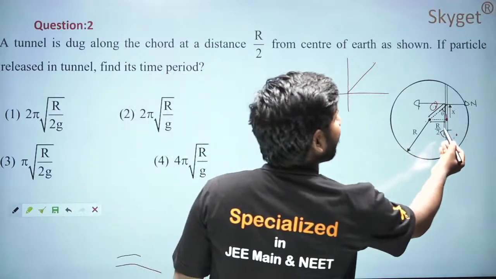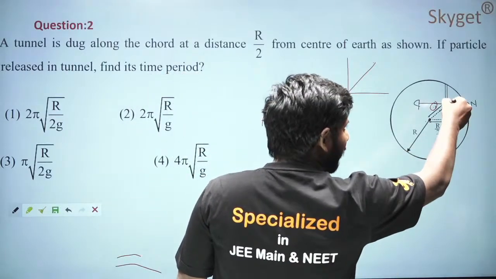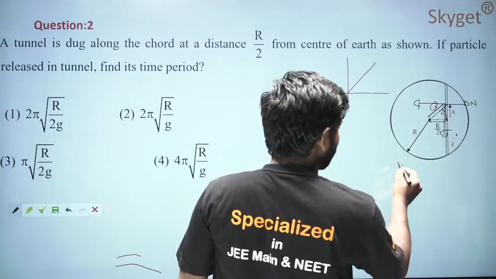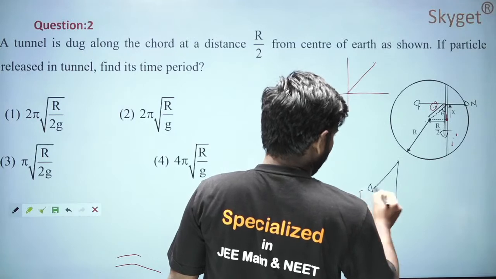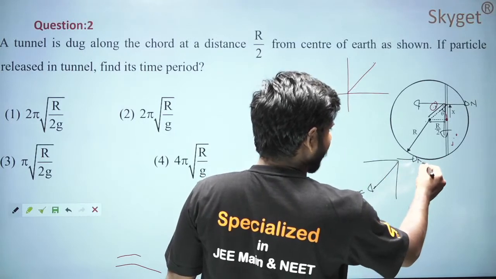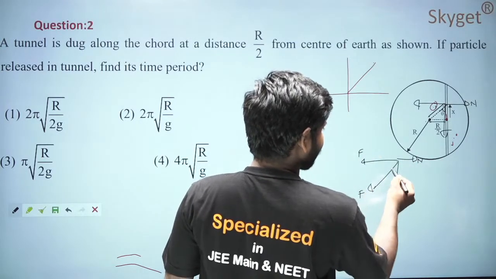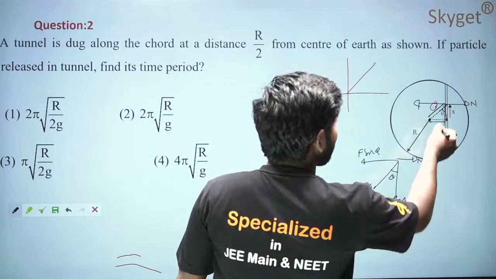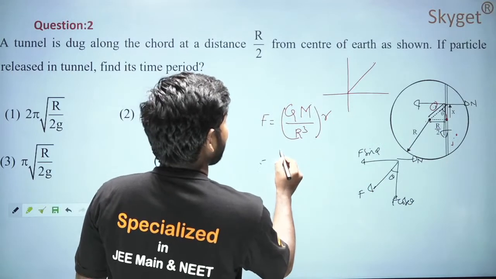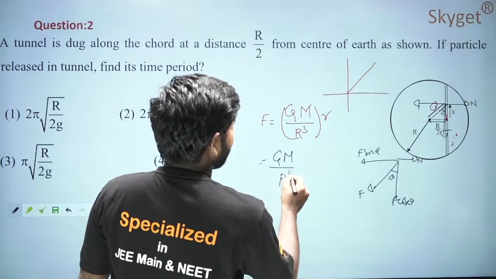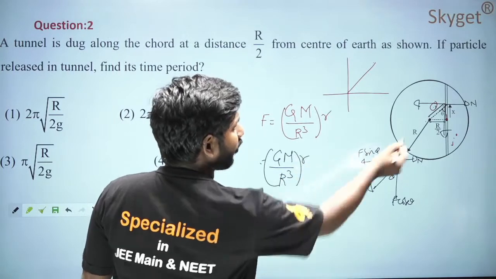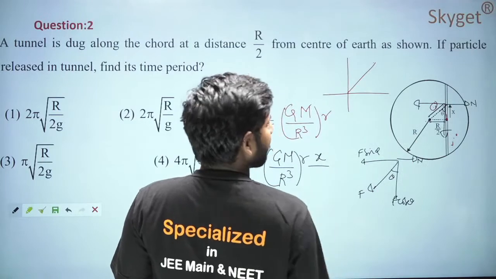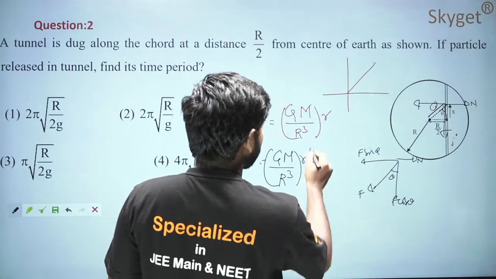So what you need to find out is the force component along the direction of the chord. If you resolve this force, the other component will be balanced by the normal reaction in that chord. F, this is theta, this is f sin theta, and this will be f cos theta. So f cos theta, if you write here, G M by r cube into r into cos theta, from the diagram can be written as adjacent side, that is x by small r, which gets cancelled.